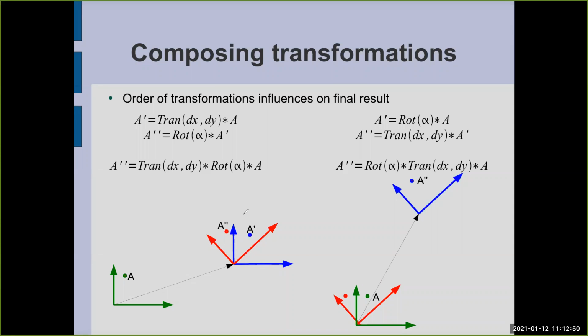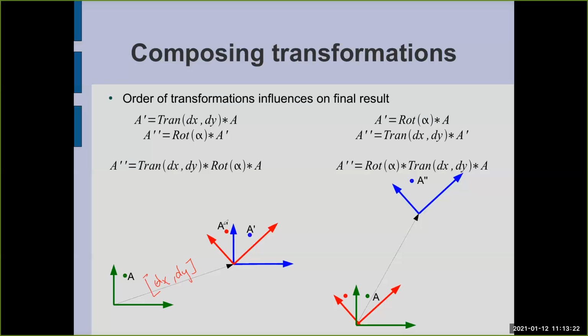How to represent it? So look, I have A prime, which is the translation of A by vector dx, dy. It corresponds to moving the coordinate system to this point by vector dx, dy. So I get A prime.